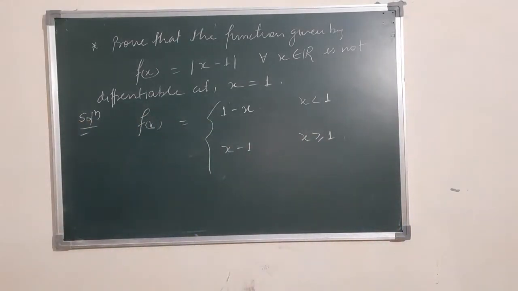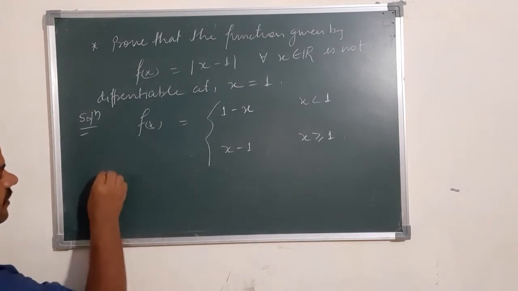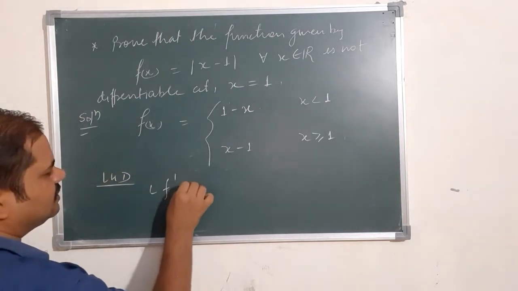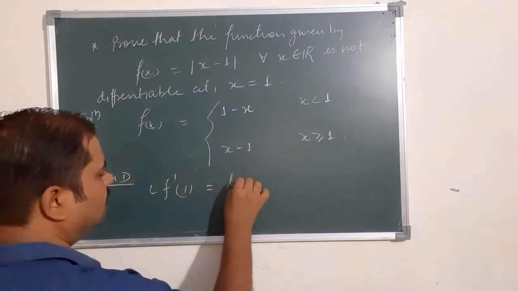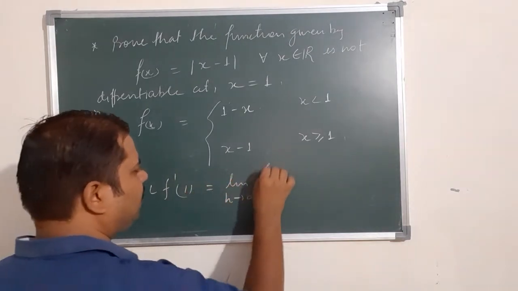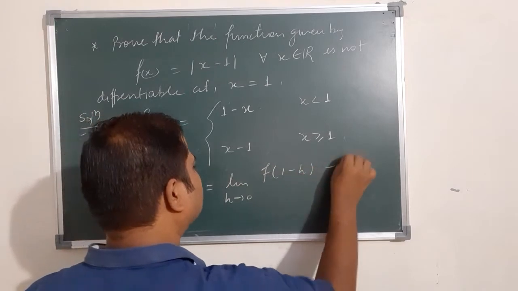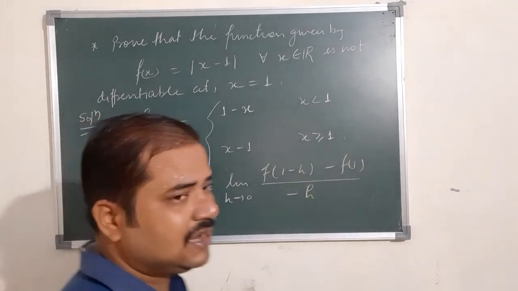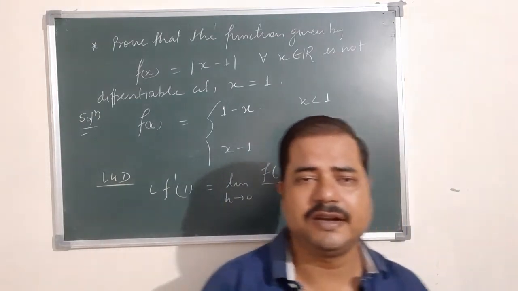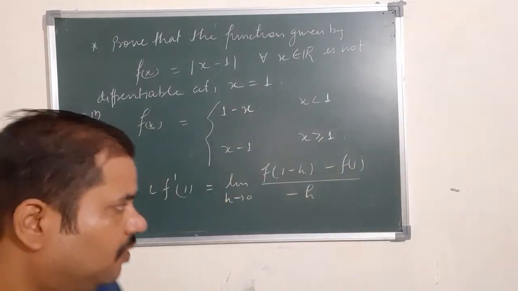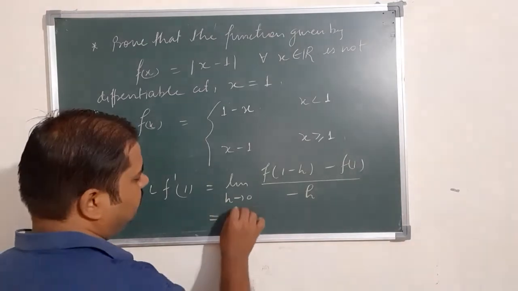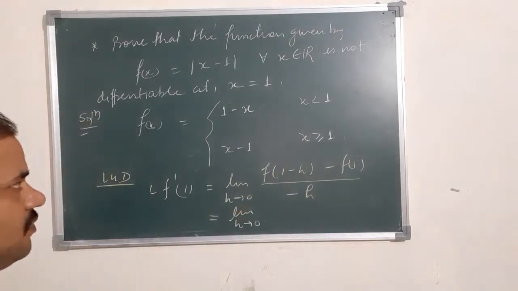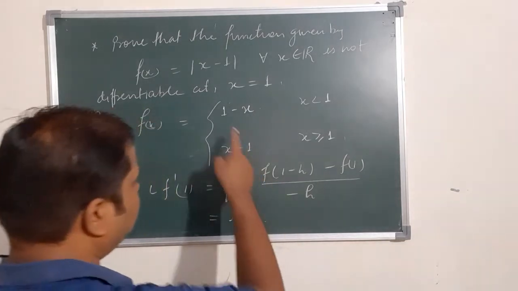So first we find the LHD, that means the left-handed derivative. This is Lf'(1) = limit h tends to 0 of [f(1 − h) − f(1)] divided by (−h). You must learn the definition of differentiability, then only you can solve the problems. Here f(1 − h) is for a quantity less than 1, and this is defined as 1 − x.